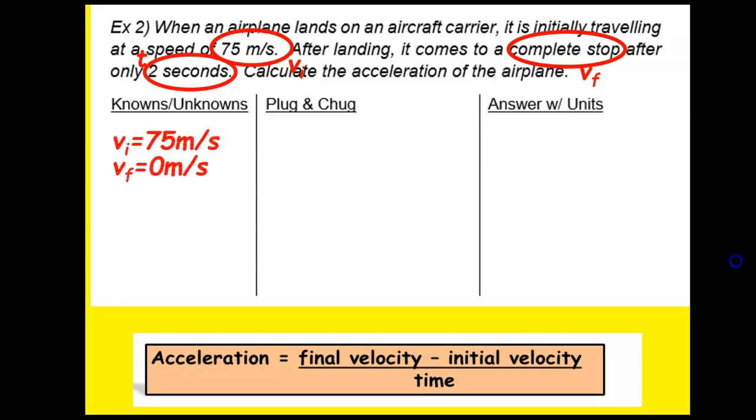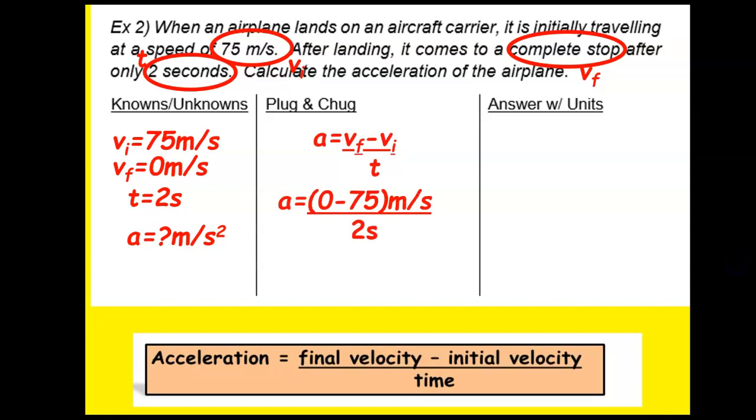So again, I'm listing everything that I've been given. I'm solving for acceleration because that's what the question asks. I have my formula. I plug everything in. Then I solve. So again, it's 0 minus 75, so that's going to be negative 75 meters per second divided by 2 seconds. Therefore, my answer will be negative 37.5 meters per second squared.